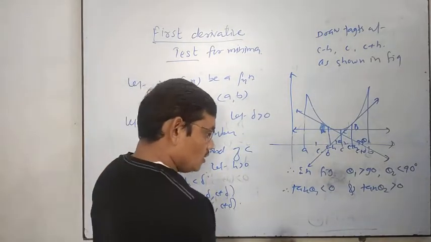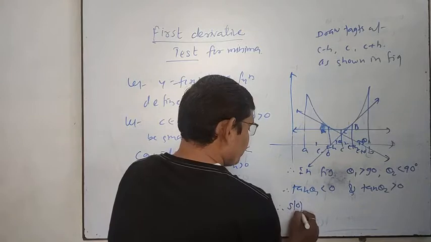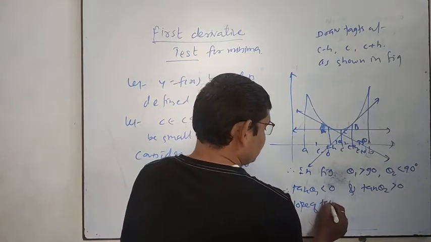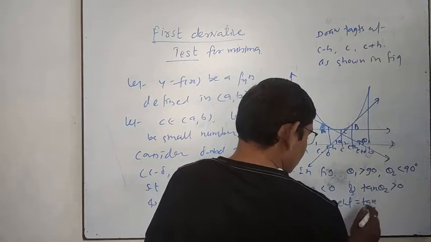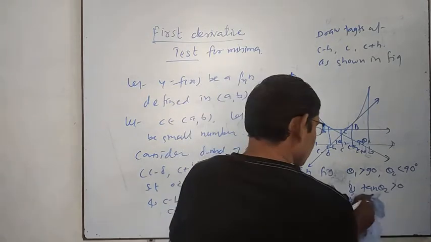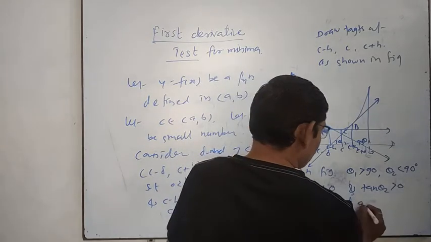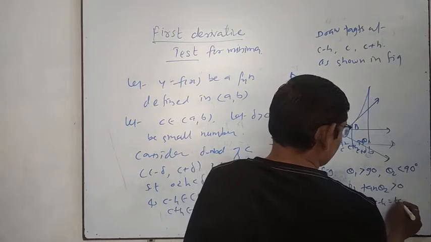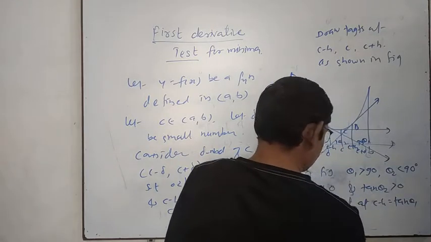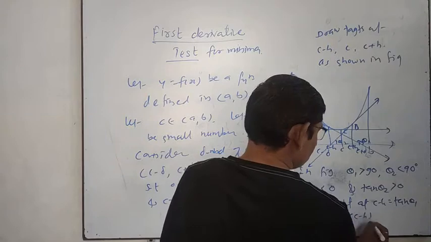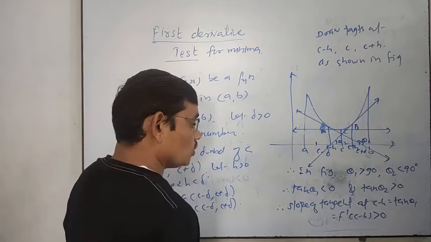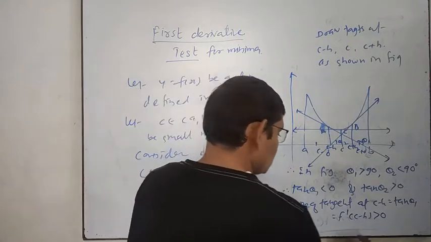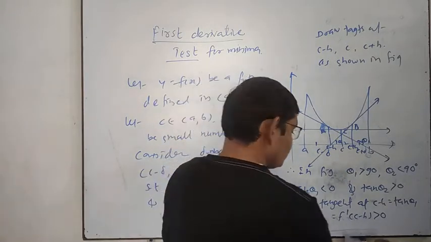Therefore the slope of the tangent at C minus h is equal to tan theta 1, and this is equal to f dash of C minus h. This is less than 0.